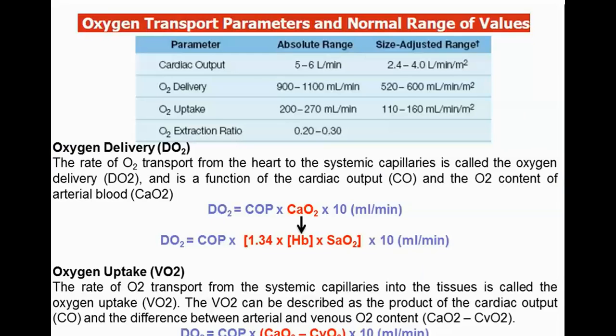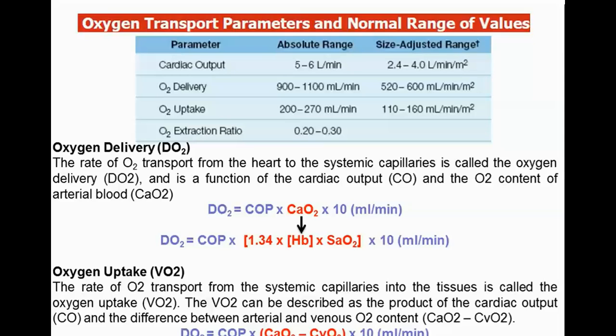So as we discussed, the oxygen content is simplified as 1.34 multiplied by hemoglobin, multiplied by saturation. If saturation is 100%, it's 1.34 by hemoglobin, and normally it's about 20 milliliters of oxygen per deciliter of blood.